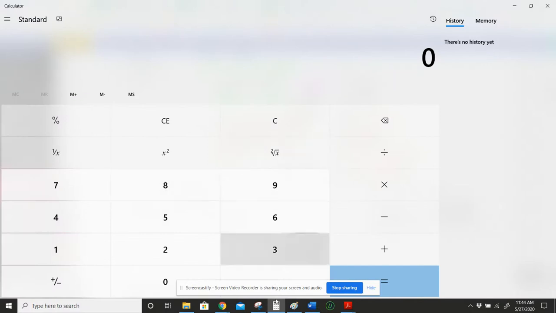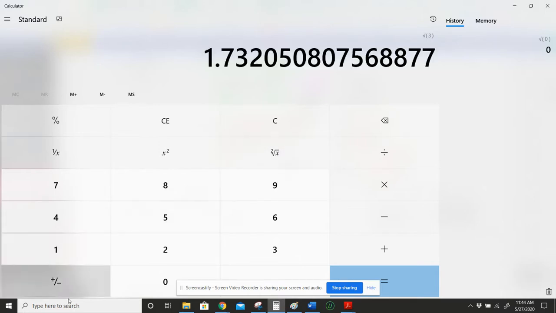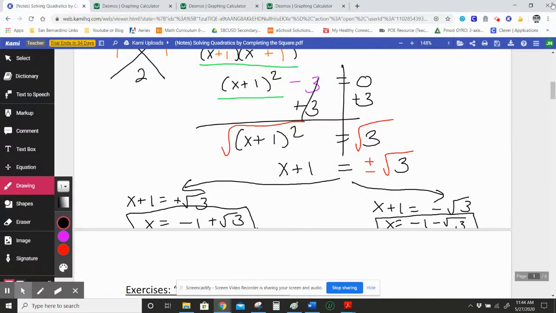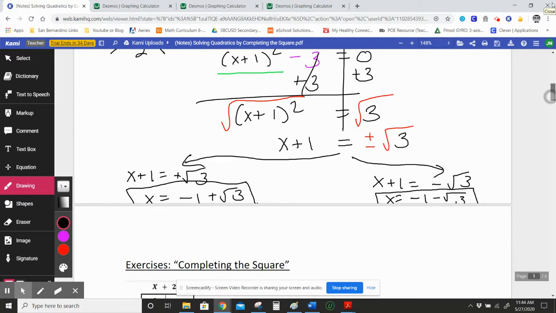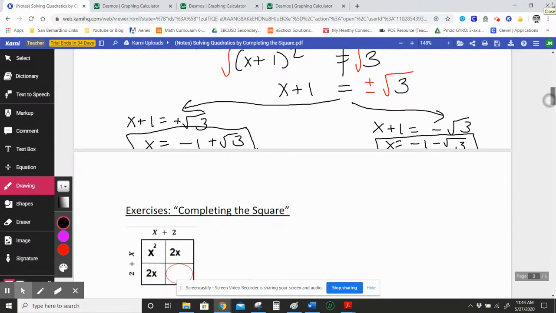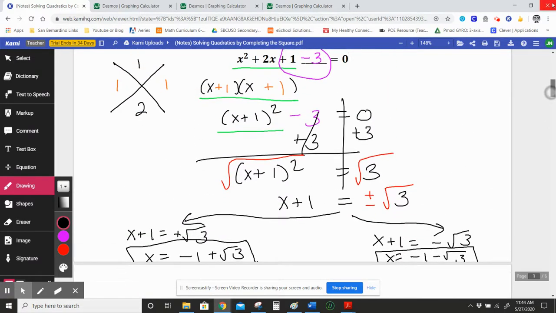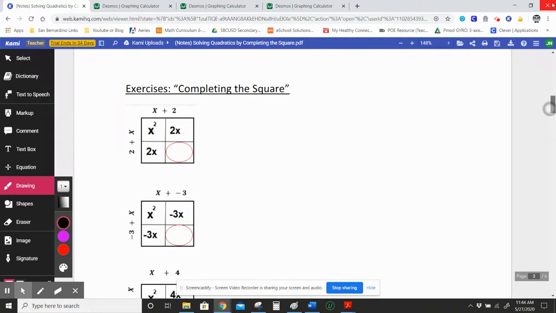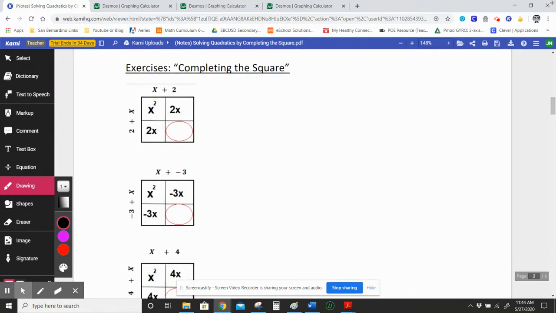So let's see, square root of 3, make that a negative, and then minus 1. So it's negative 2.7 or whatever. Anyways, the point is, it's decimals, and that's the reason why we weren't able to think of those numbers right away. So this is the example in which you're going to have some decimals as your answers, and that's where completing the square comes into play.